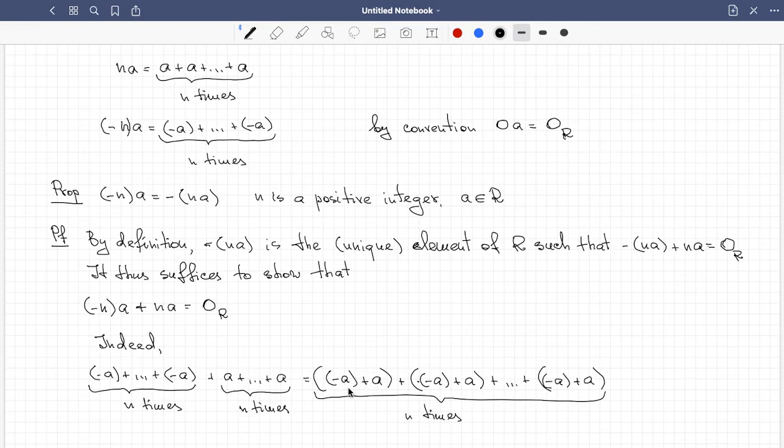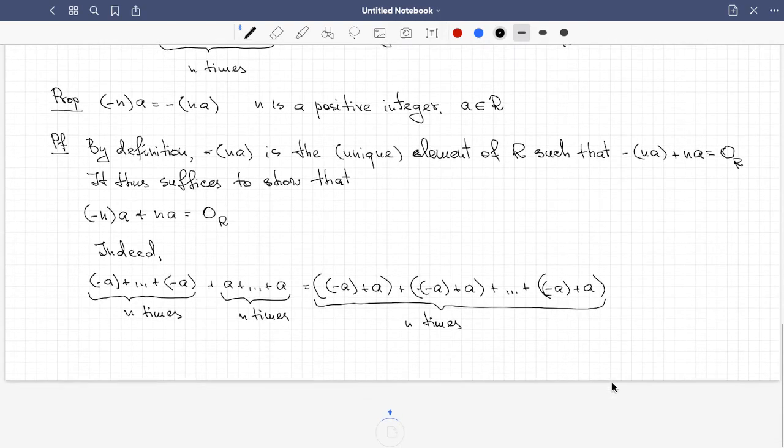Negative a is the unique solution of the equation a plus x is 0. So a plus negative a is always 0. So this is 0 in the ring.